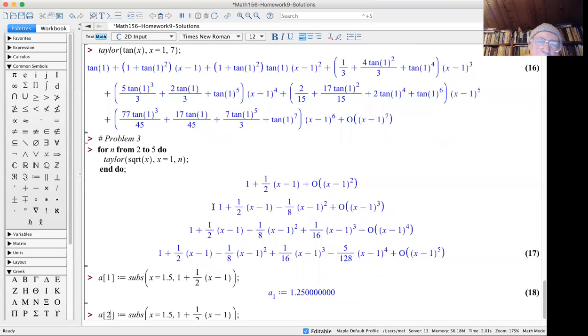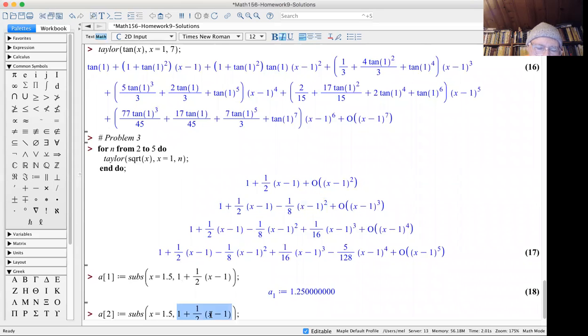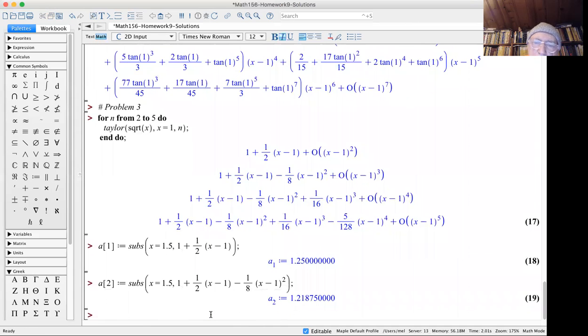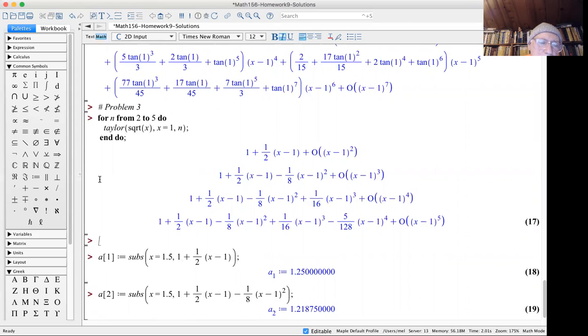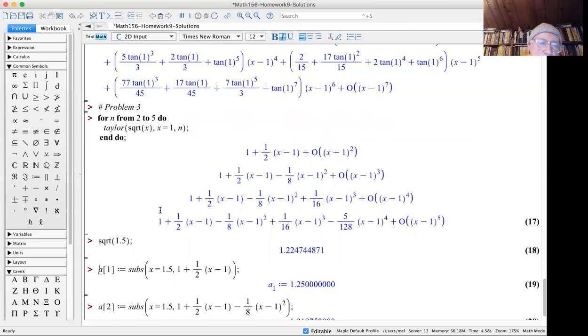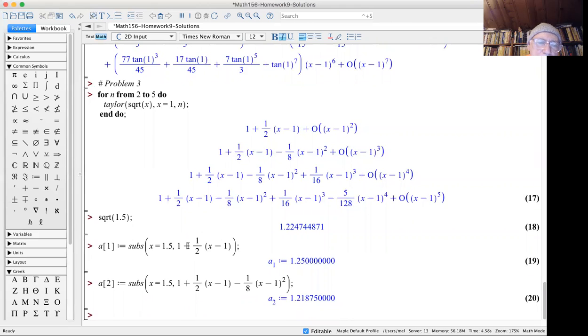Let me do the same thing with the quadratic polynomial. Actually, what I really need to do is to know what I'm comparing it to. Comparing it to the square root of 1.5. So square root of 1.5 is this, 1.2247. When I take the degree 1 Taylor polynomial, the degree 2 Taylor polynomial, I get these approximations.